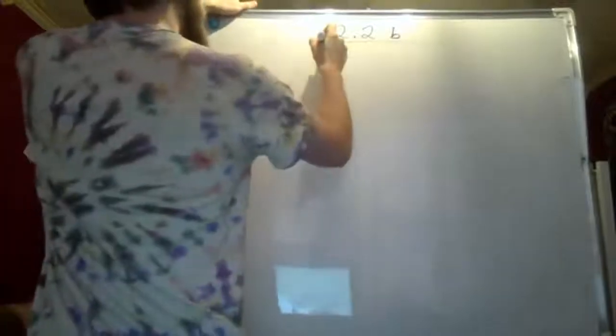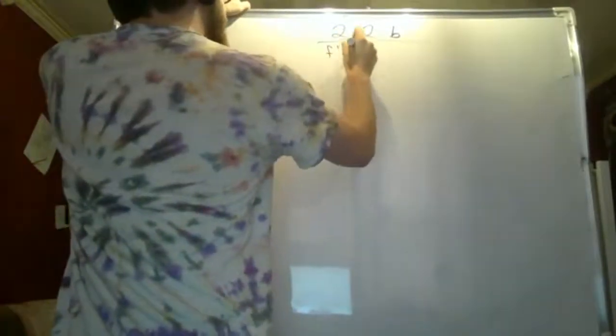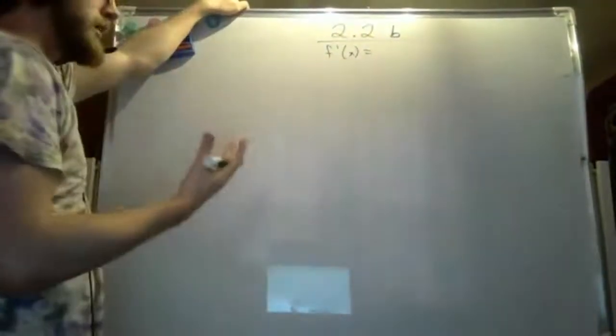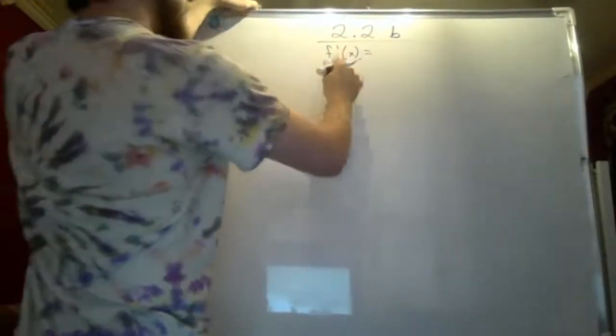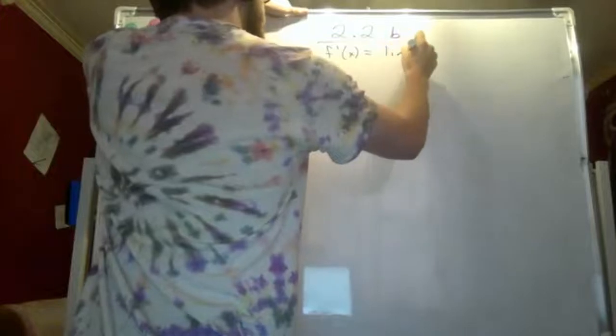All right. So we have f prime of x, which is the derivative of the function f at a given point x, is equal to the limit as h goes to 0 of f of x plus h minus f of x, divided by h.